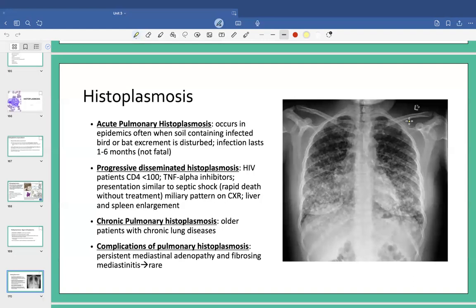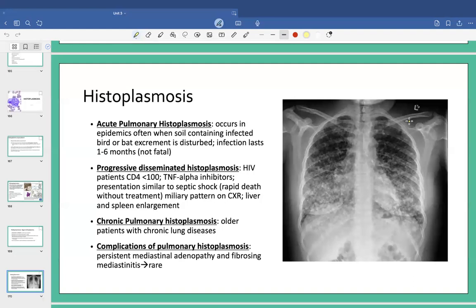Also, patients on tumor necrosis factor alpha inhibitors from those same endemic areas where those bird and bat droppings are contaminating the soil tend to be at higher risk. Patients with progressive disseminated histoplasmosis may present similar to septic shock.